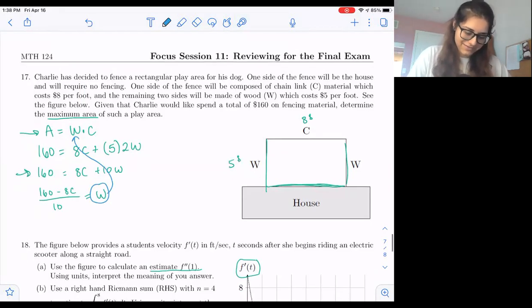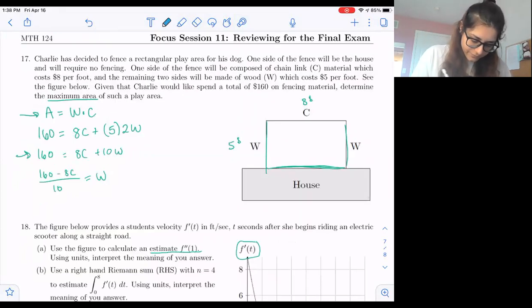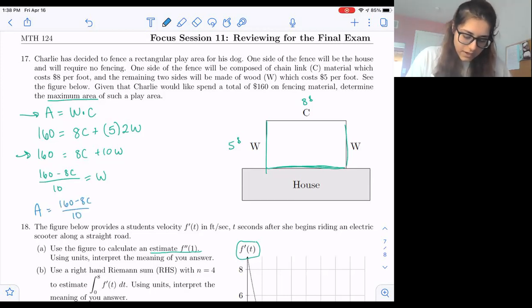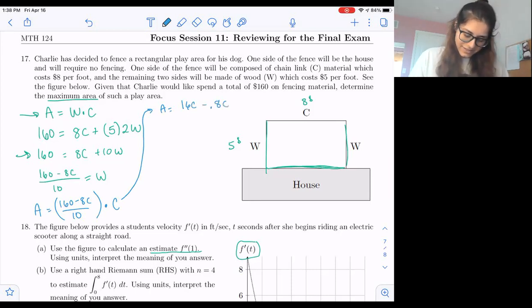So I'm going to take area equals W, which is 160 minus 8C over 10, and that will all be multiplied by C. And so that will be area equals 16C minus 0.8C squared.